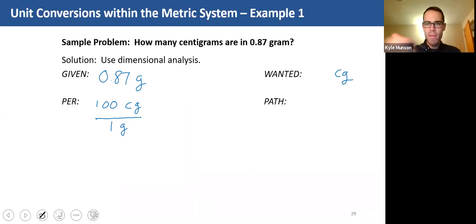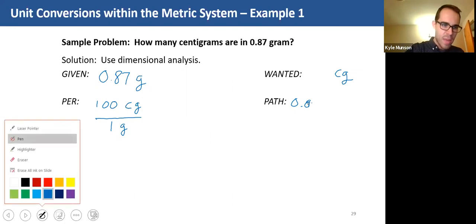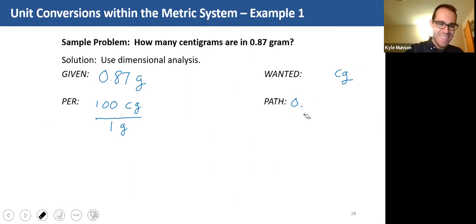And my path, I want to go from 0.87 grams to centigrams. Okay, so let's write this out.